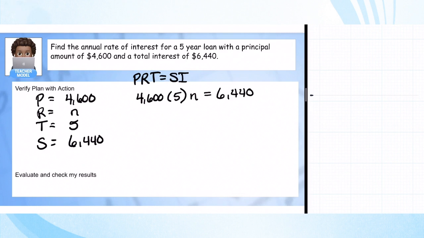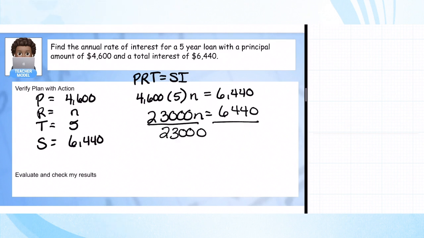All right, I'm going to hit pause a second, so let's set up our calculator. We'll start by simplifying on the left. We're going to just multiply our principal times our time, which is 23,000. So 23,000 times the number is equal to 6,440. And now we're going to isolate that variable by dividing by the 23,000.